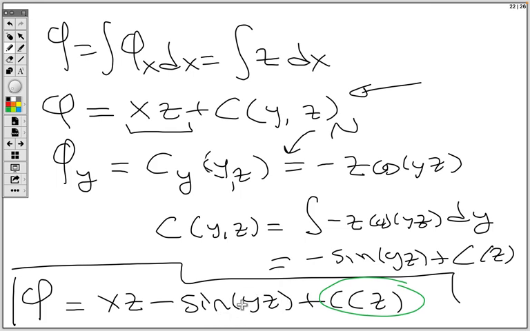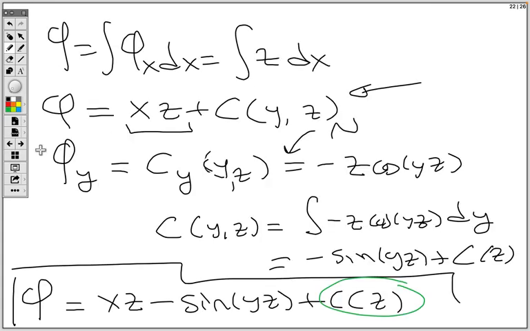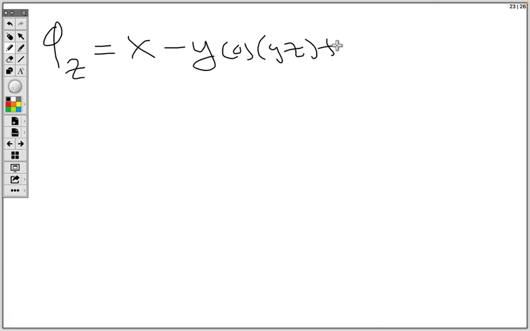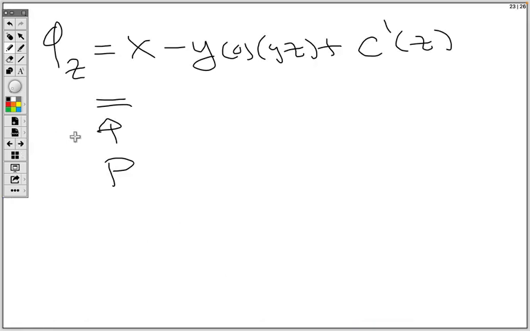And then the derivative of this with respect to z would be c prime of z. And this is supposed to equal the z component of the field, which is x minus y cosine yz.